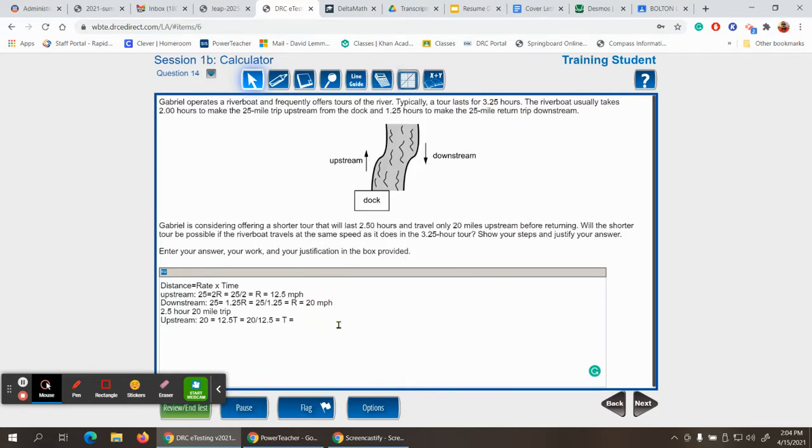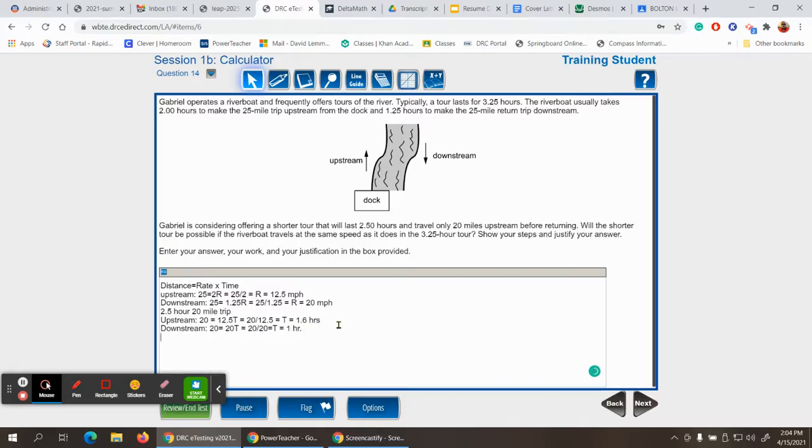So that takes him 1.6 hours. Okay, let's go downstream. Downstream is 20 equals 20t, all right, which means I'm going to divide 20 by 20, and that equals t, my time, which is, of course, just 1 hour.